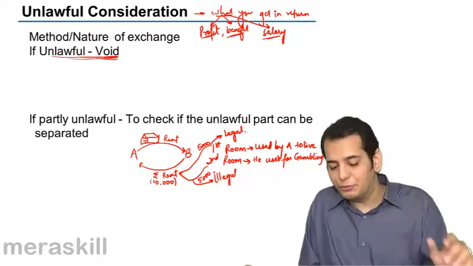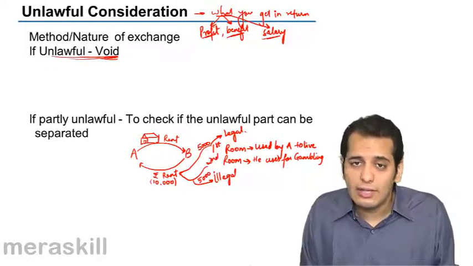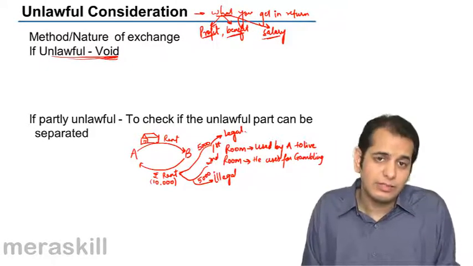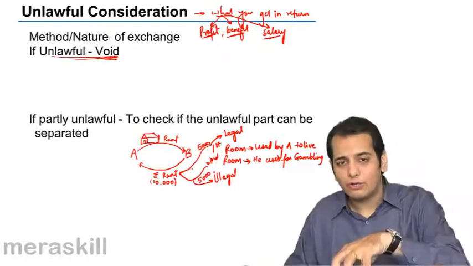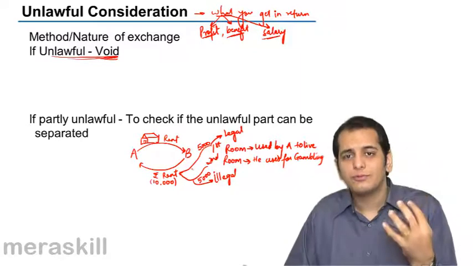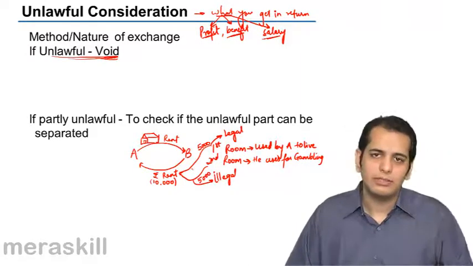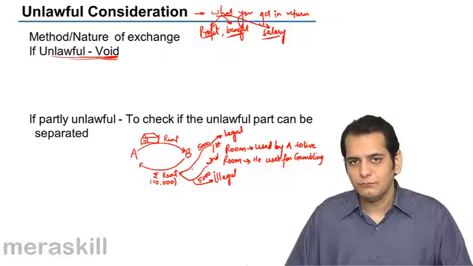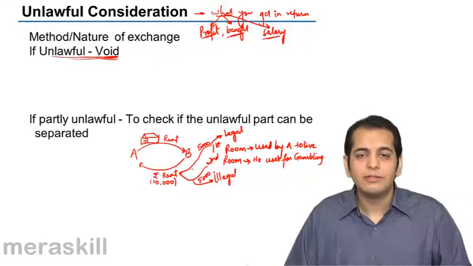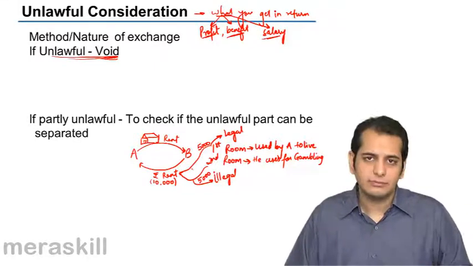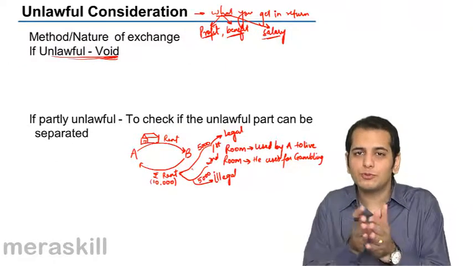However, the room that he uses to run a gambling den, that is illegal. So we can say that in this contract, the 5,000 rupees that he gets for the first room will be considered as a legal contract. However, the 5,000 that he gets from the other room will be an illegal contract. So in this case, it was possible for us to break the contract.